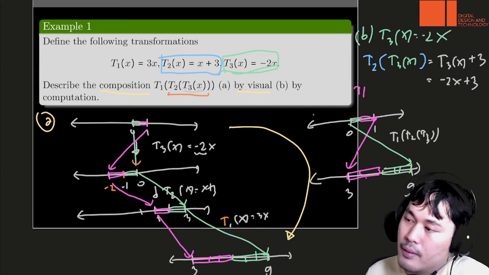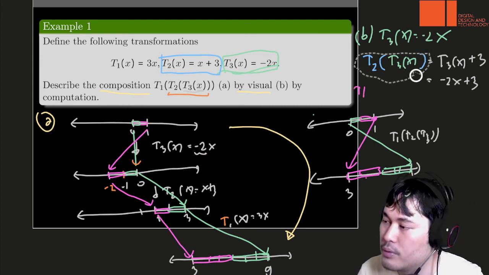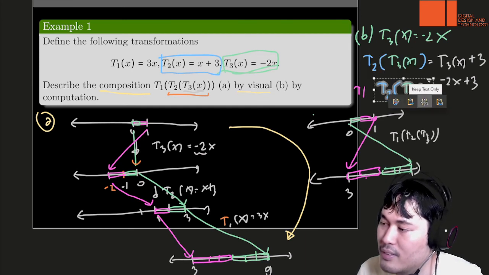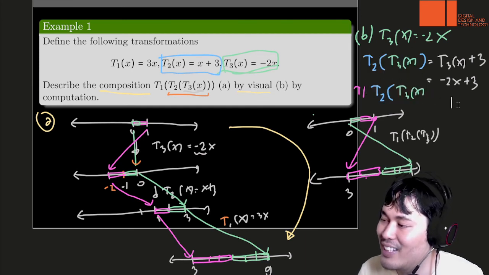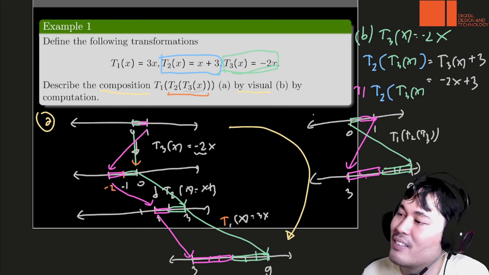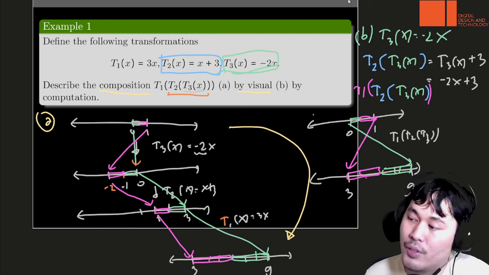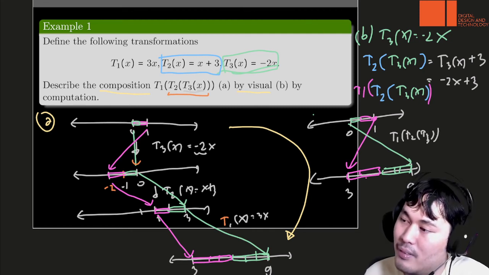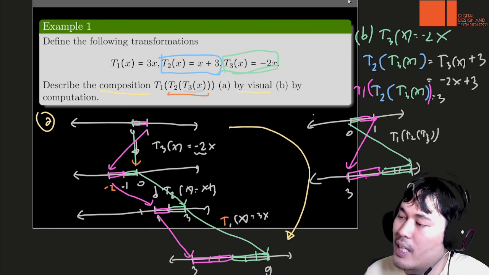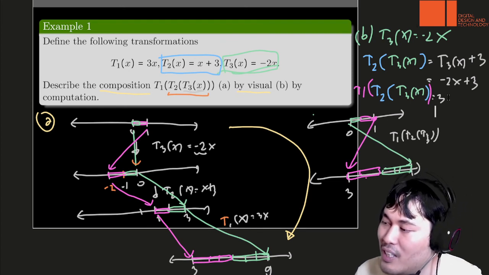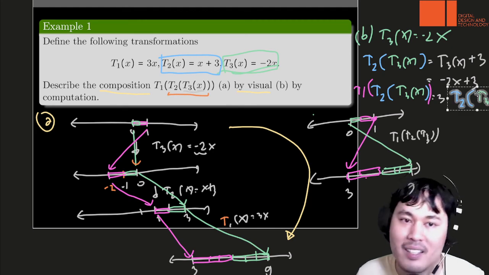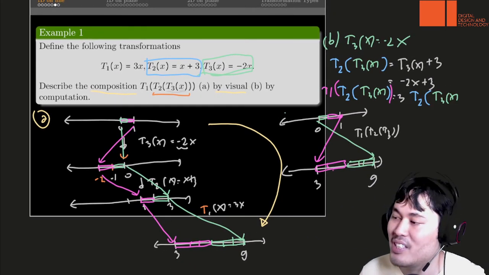And finally, we are ready to do the T1. Let me shade a little bit because I don't want to change the colors too often. So if you want to do T1 of the whole thing. So again, T1 is 3 times the number in parentheses. So it's 3 times whatever we have in the parentheses, which again, I'm gonna copy and paste.